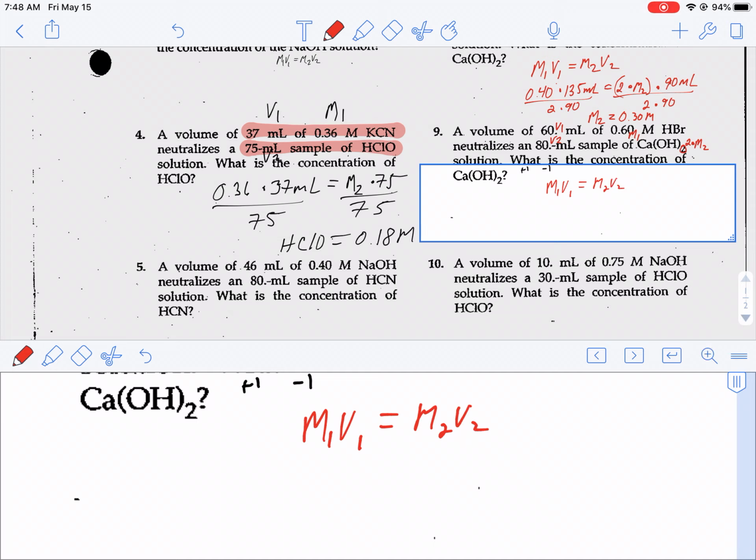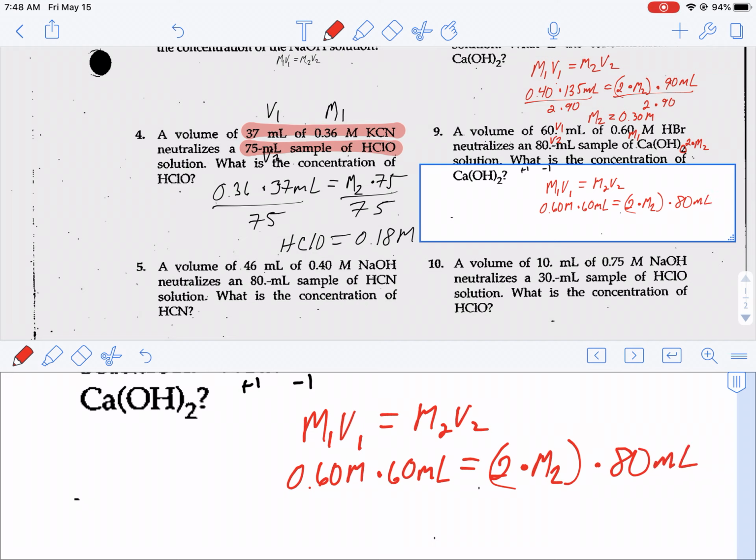Again, my M1 is 0.60 molarity times a volume of 60 milliliters. And this is going to equal 2 times M2 times a volume of 80 milliliters. So 2 times 80.